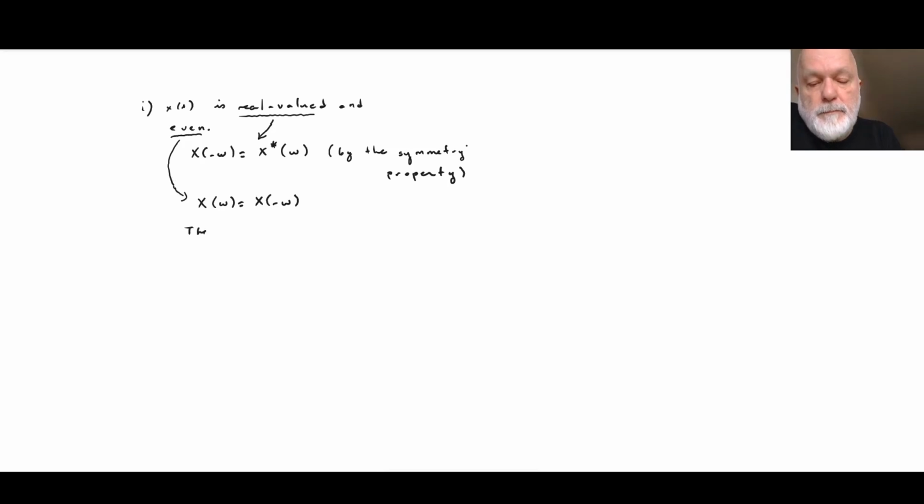Therefore, X of minus omega is equal to X conjugate of omega, and X of minus omega is equal to X of omega. Therefore, X of omega is equal to X conjugate of omega, which means that X of omega is real valued.